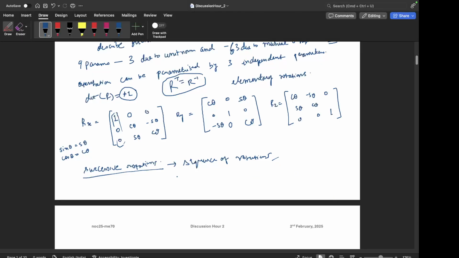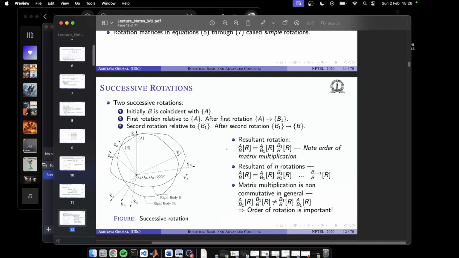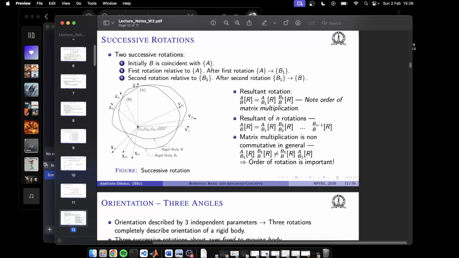Okay, so basically what we have is that now we are rotating a frame.